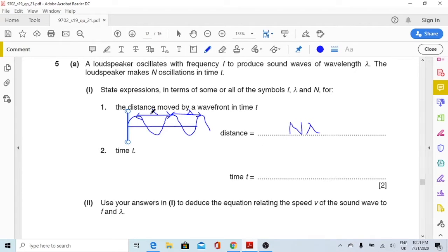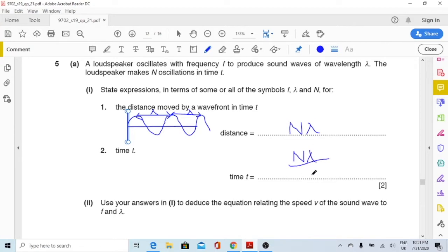And since lambda represents the distance moved by one oscillation, and in total how many oscillations were there, n will represent the number of oscillations and lambda will represent the distance moved by a single oscillation. Now time t is basically equal to distance divided by speed, so n lambda divided by speed.